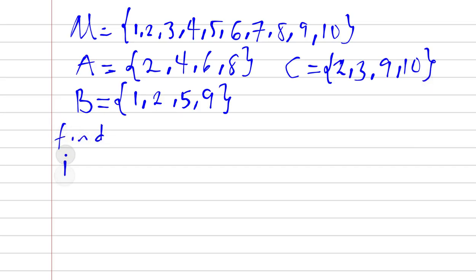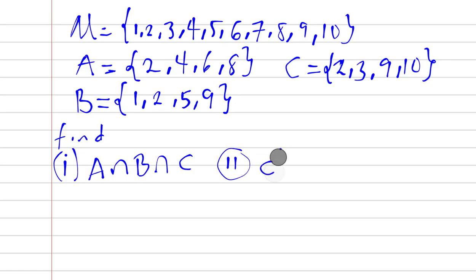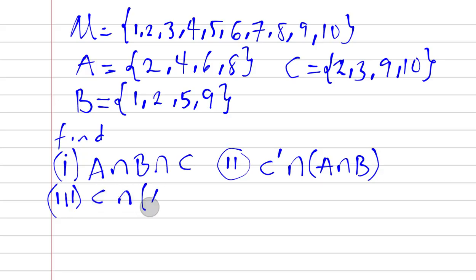So now find these things. Number 1: A intersection B intersection C. Number 2: C prime intersection A intersection B. Number 3: C intersection A intersection B prime.